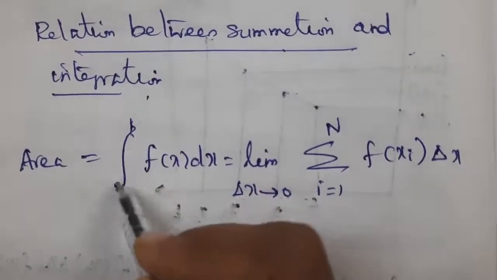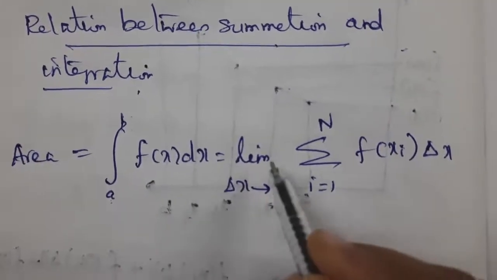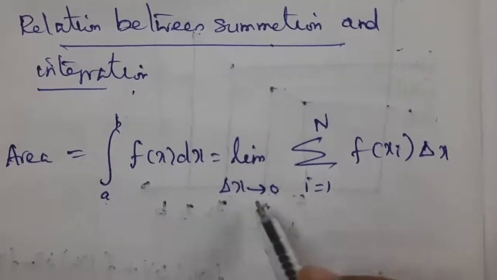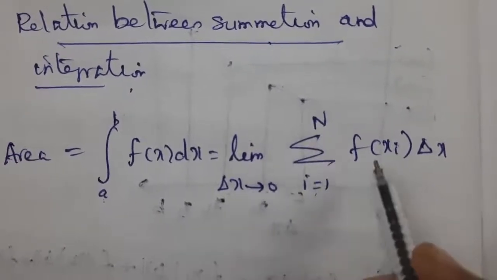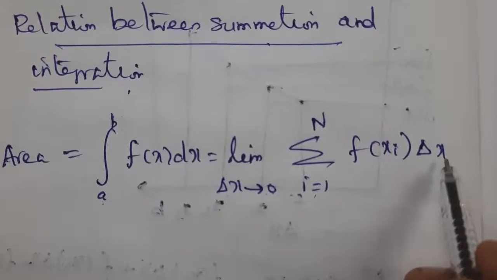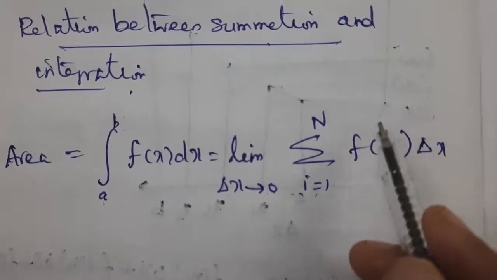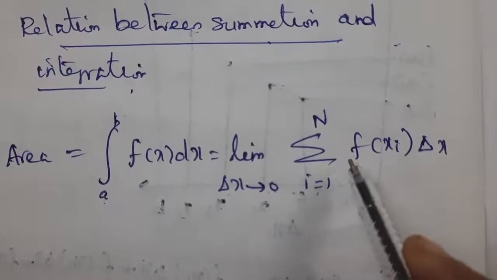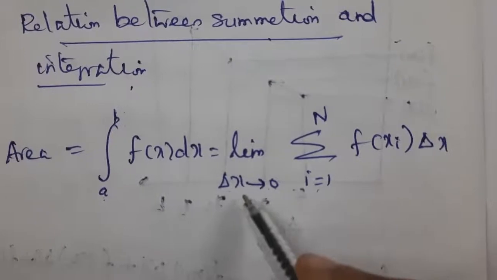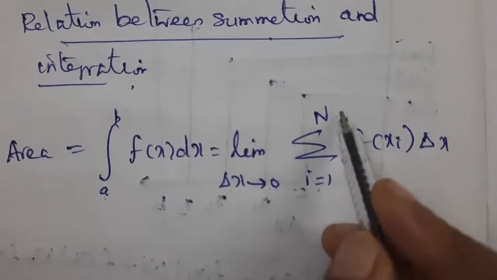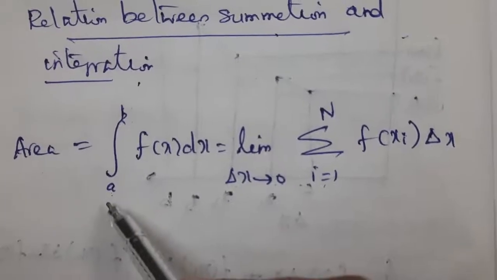So integral a to b f of x dx is equal to limit delta x tends to 0 of sigma i equal to 1 to n f of xi delta x. That means we are adding the areas of n strips, given as summation. When we put the limit delta x tends to 0, that is n tends to infinity, we can write this in the form of integration.